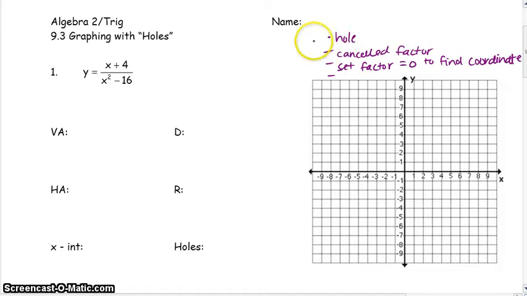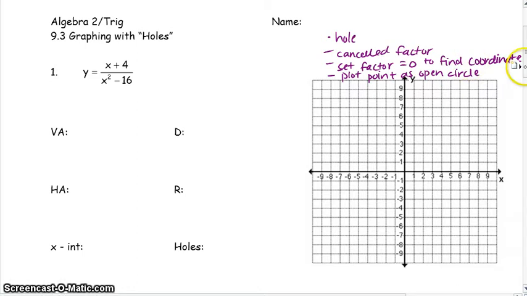And then the third thing we need to know, you plot the point as an open circle. Because it's a hole, it's not really a part of your graph.